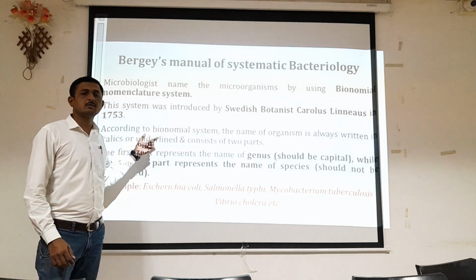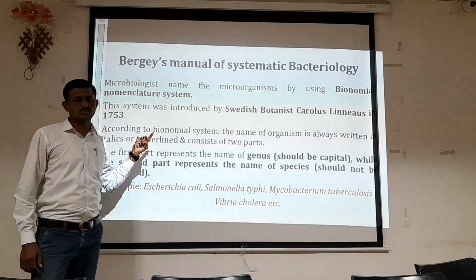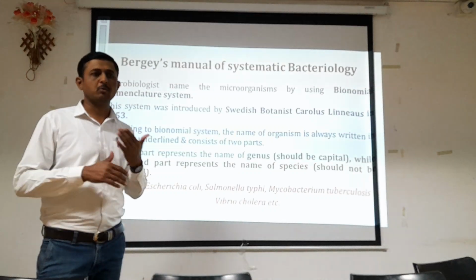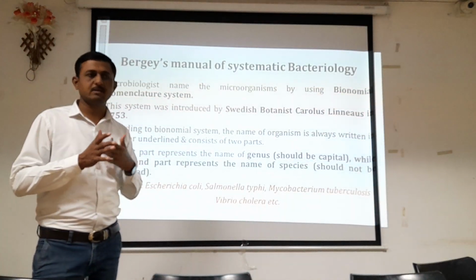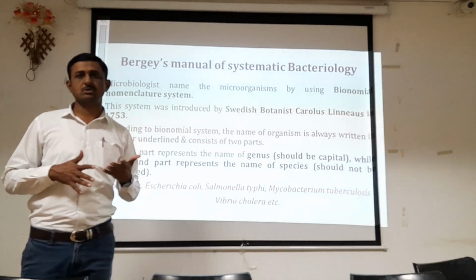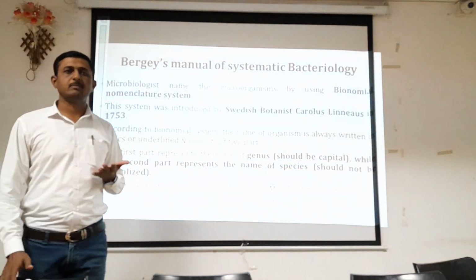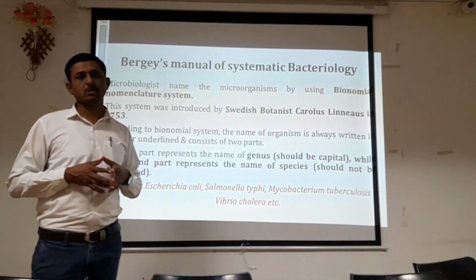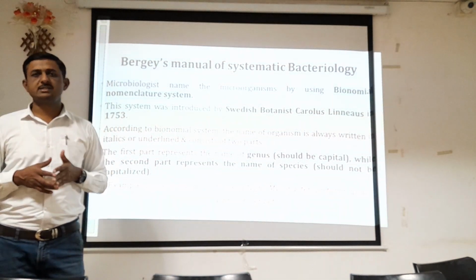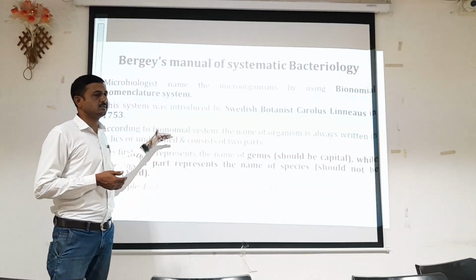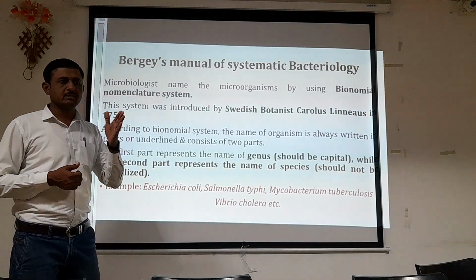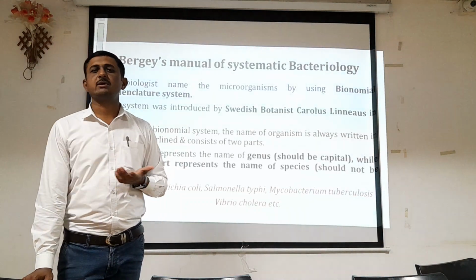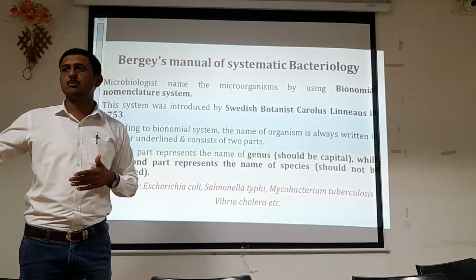When we talk about the scientific name of a species, you have to properly characterize that organism with respect to its morphological, physiological and biochemical characteristics, and put it in its particular position in the classification system. On that basis, the organism is given a particular genus name, meaning it belongs to that genus or shows characteristics similar to that type of organism.